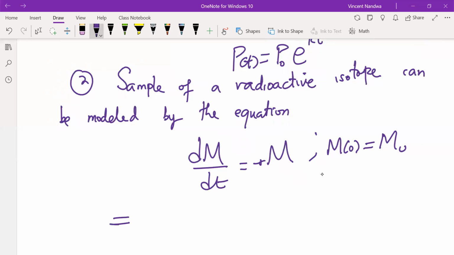Which implies on solving, m at t is m naught e raised power negative rt.